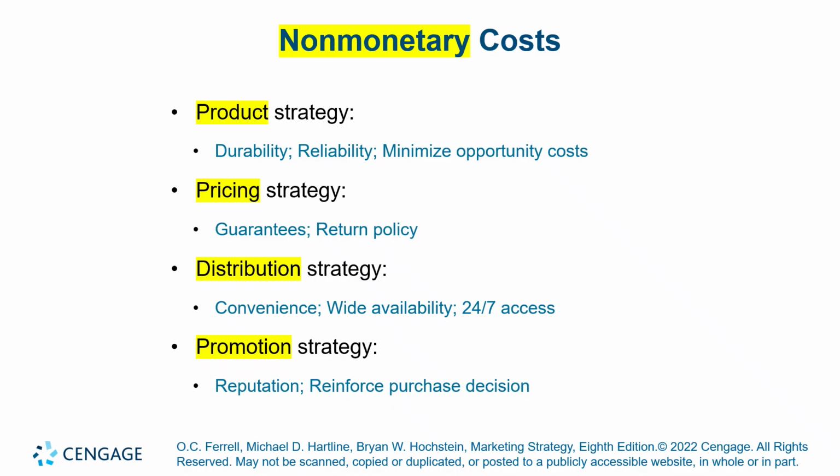Guarantees and return policies are non-monetary costs; they can be reduced to lower the cost. Convenience, wide availability, and 24/7 access reduce non-monetary costs. Reputation and reinforced purchase decisions also reduce non-monetary costs.